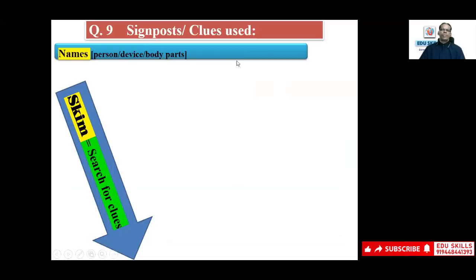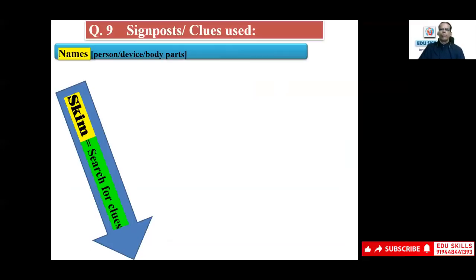As you know, signposts or clues are used. You have to skim the text, search for clues, skimming and scanning. Make it very clear. Some of you have doubts or confusions regarding skimming and scanning. Skimming means skipping, just going through headings, subheadings, numbers, all those highlighted things, and you're searching for those clues.